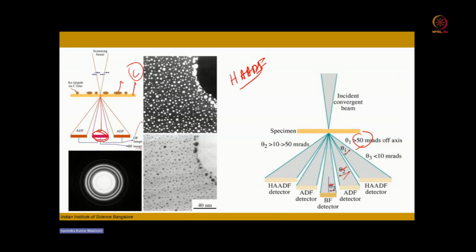But if the beam gets scattered by an angle theta, and there is an annular dark field detector, dark field means the intensity of the scattered or the diffracted beam is taken for the imaging. These are called annular dark field images. Now if it scatters at more than 50 milliradians, and this depends upon the atomic number of that particular element, then these are called high angle annular dark field detectors, which is the HAADF image.